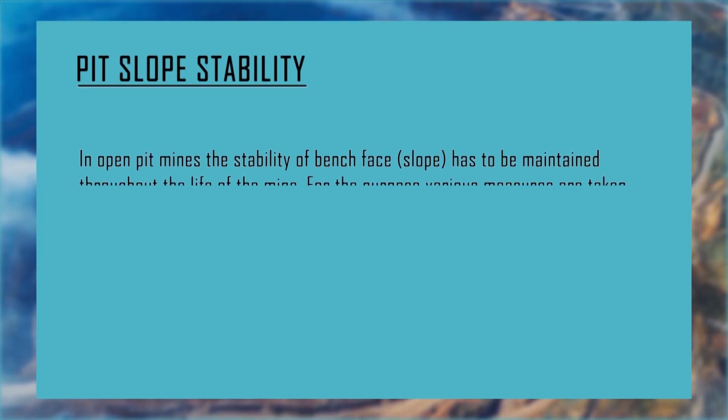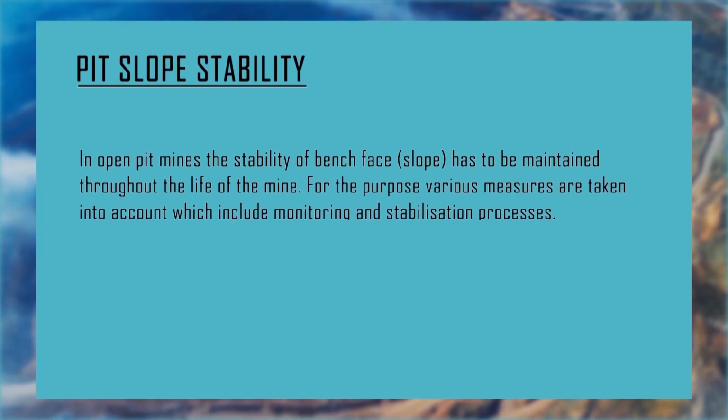In open pit mines, the stability of slope, meaning the bench face, has to be maintained throughout the life of the mine. For the purpose, various measures are taken, because the stability of the whole mining depends on the stability of slope here.